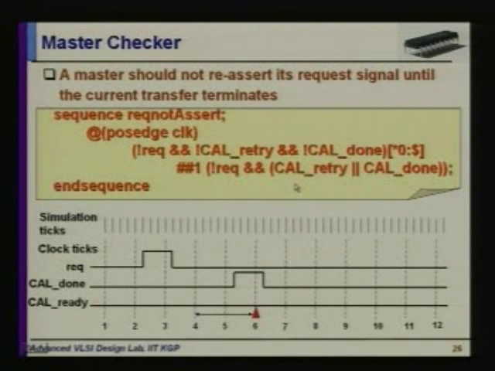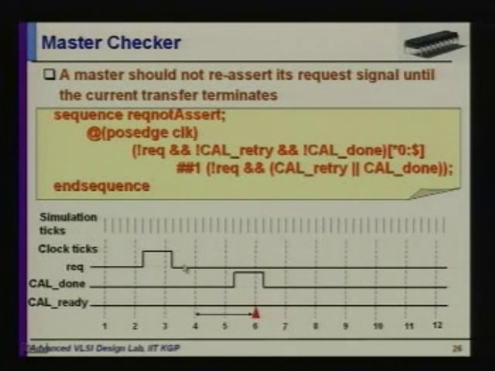Then it will never assert its request. This dollar symbol represents the end of simulation. But if it finds any cal retry or cal done signal once, that means the current transfer terminates. Till then it will not assert its request, but in the next cycle it can.